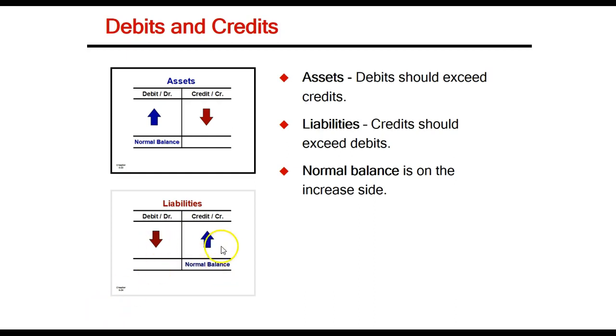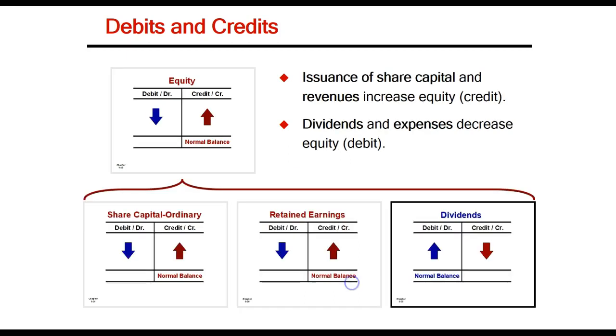So the rule is going to be that assets will increase on the left because they're on the left-hand side of the equal sign and decrease on the right. Whereas liability and equity will increase on the right and decrease on the left. The opposite. So it's where you record these in the T accounts that makes a difference.